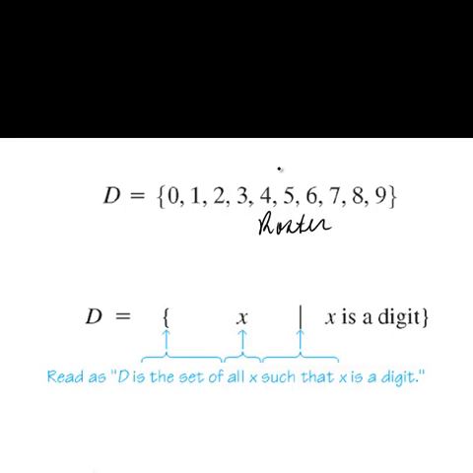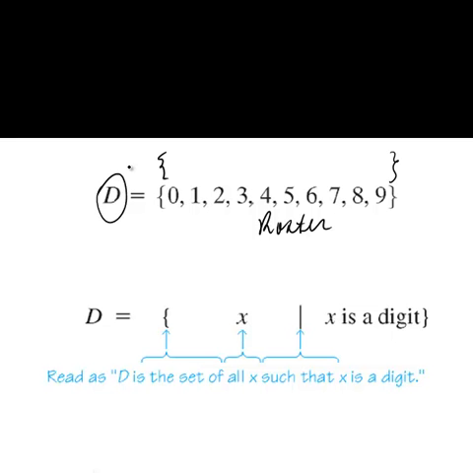Doesn't have to be that way, but just for stylistic purposes, it looks better this way. And we have an opening curly brace that you see there and a closing curly brace, and the entire set of numbers is within that set of curly braces. By the way, we like to give sets a name, usually a capital letter, like D in this case.